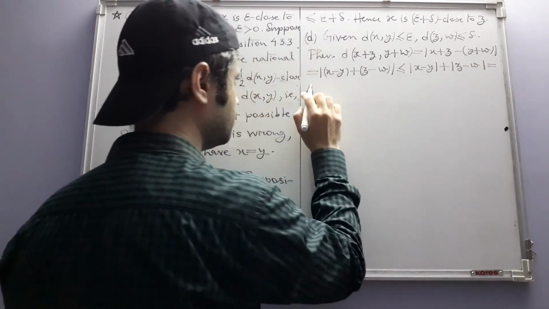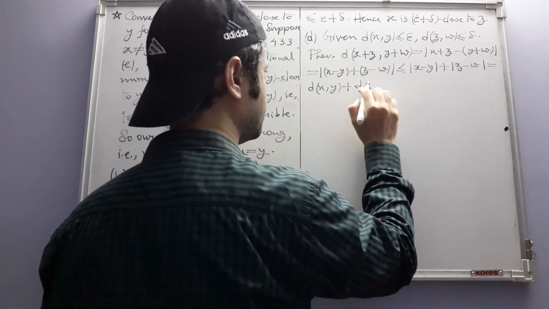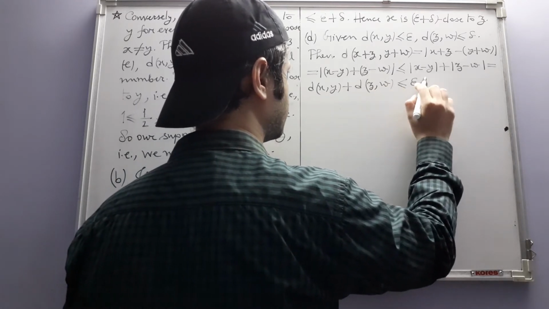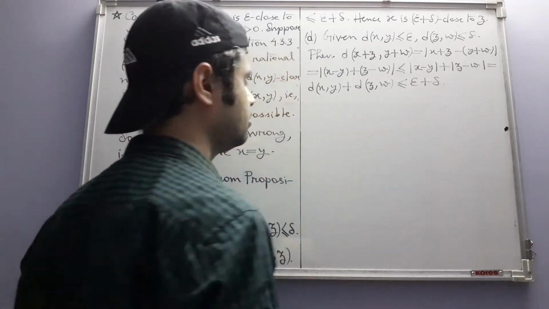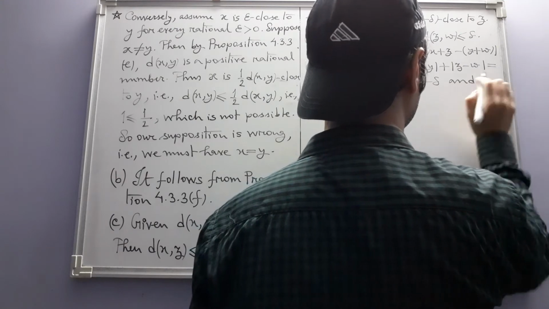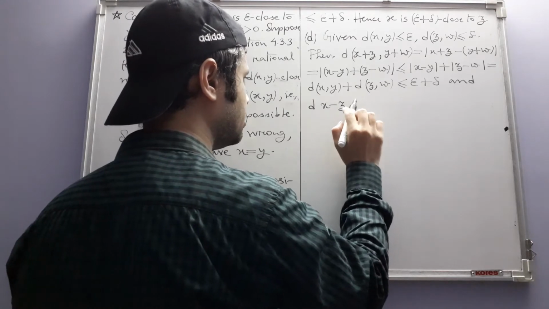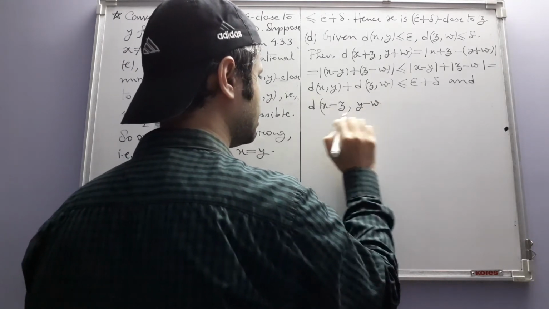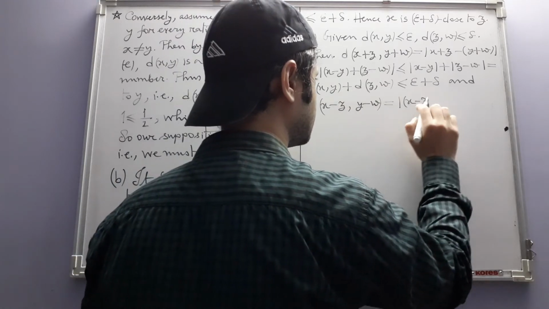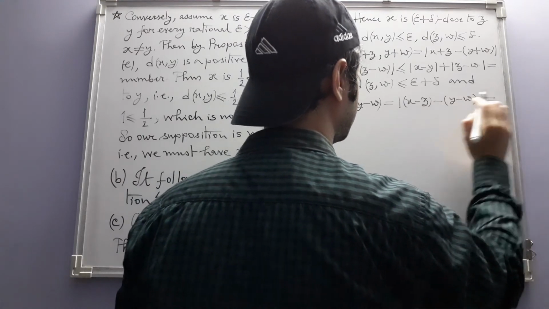This is less than or equal to d of x comma y plus d of z comma w. The first term is less than or equal to epsilon, the second one is less than or equal to delta. And we also have one more thing to see. Distance between x minus z and y minus w. So this also by definition is x minus z minus y minus w.